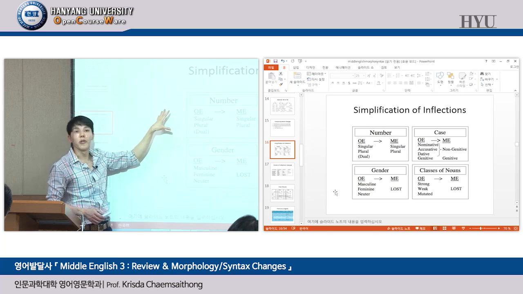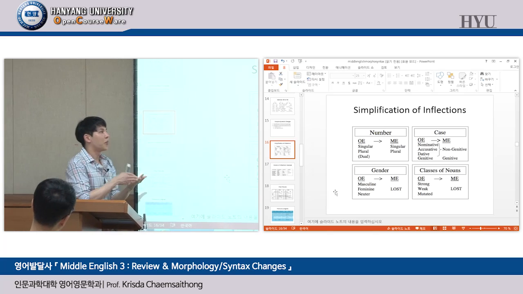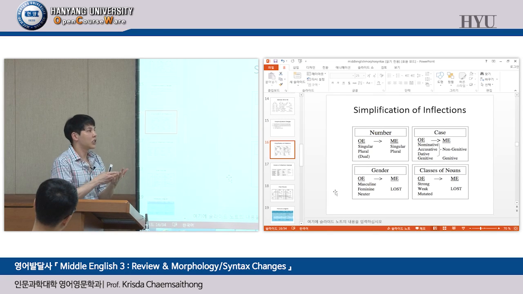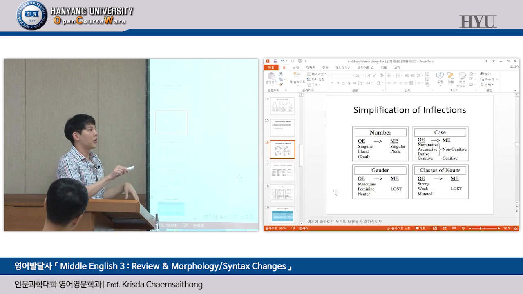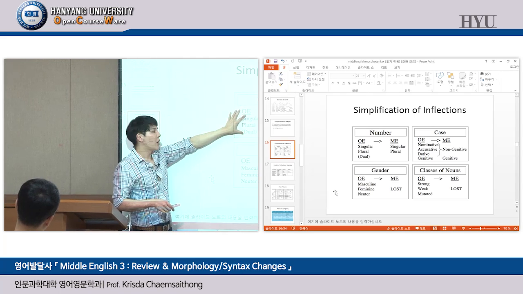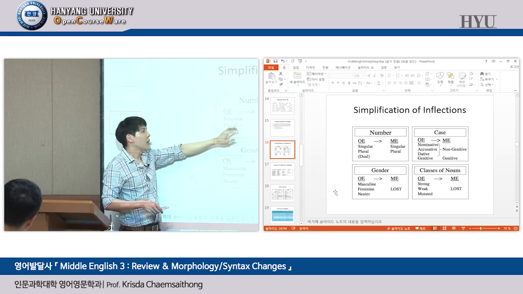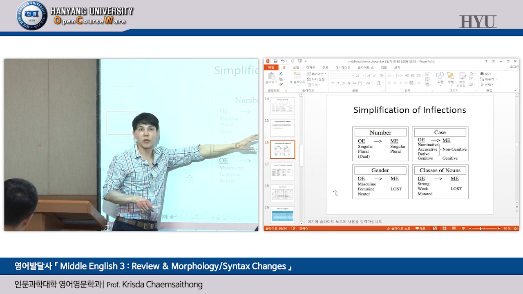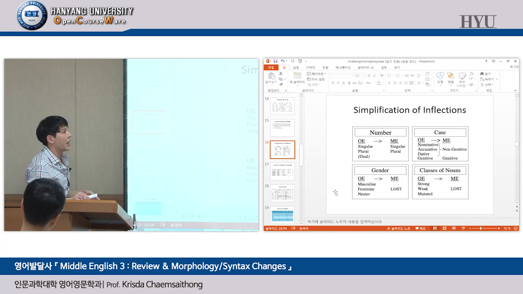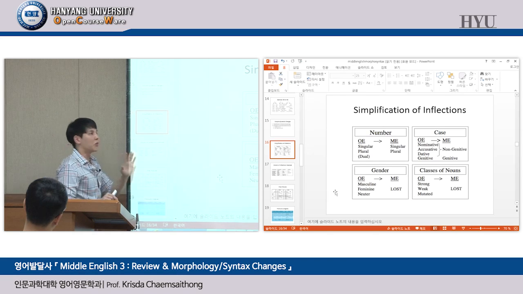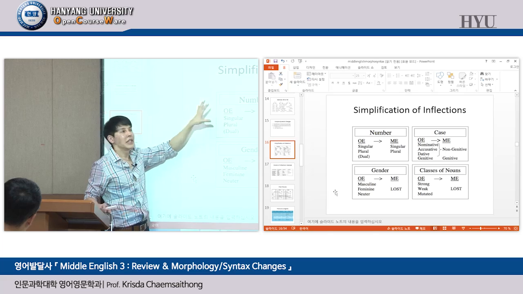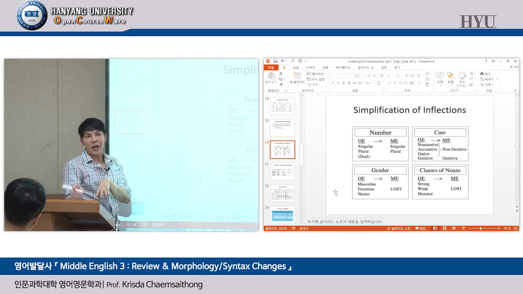That's important because you want to indicate number distinctions, or else you wouldn't know whether it's one or many. So that one pretty much remains, from singular plural to singular plural. And then case is not as important as number, because without the case ending, we can rely on word order.